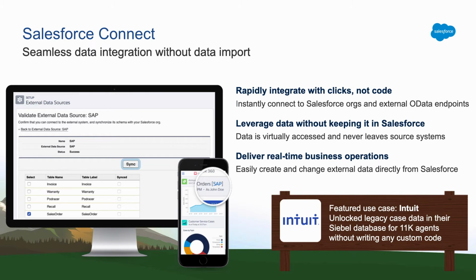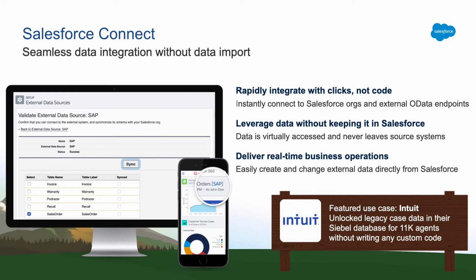Now, if you don't want to do all of that, you can do what's called virtualization. You keep the data in one spot, that's your master data. Anybody that needs to see that data looks for it at time of need. So if I need to see an SAP order, I go to SAP and I ask for the order when I need it. Salesforce Connect allows us to do that inside of the Salesforce platform itself. So we can connect to your external data systems.